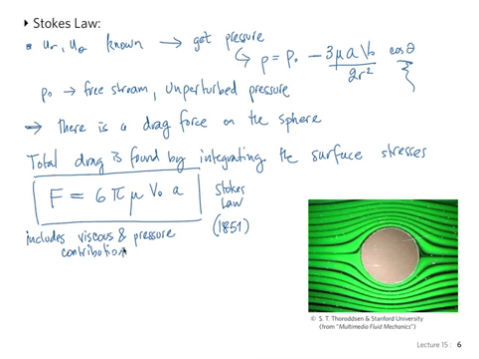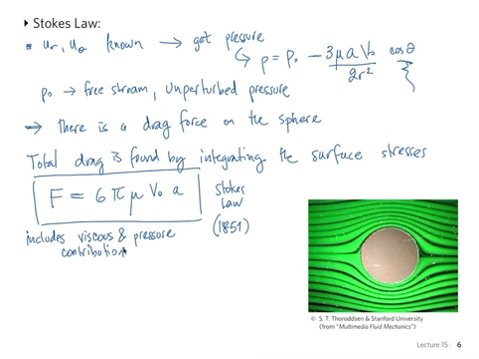Now, it is common practice to express drag forces in terms of a drag coefficient. We will, of course, discuss this at much more length later on in the course when we discuss external flow around objects like airfoils and so on.